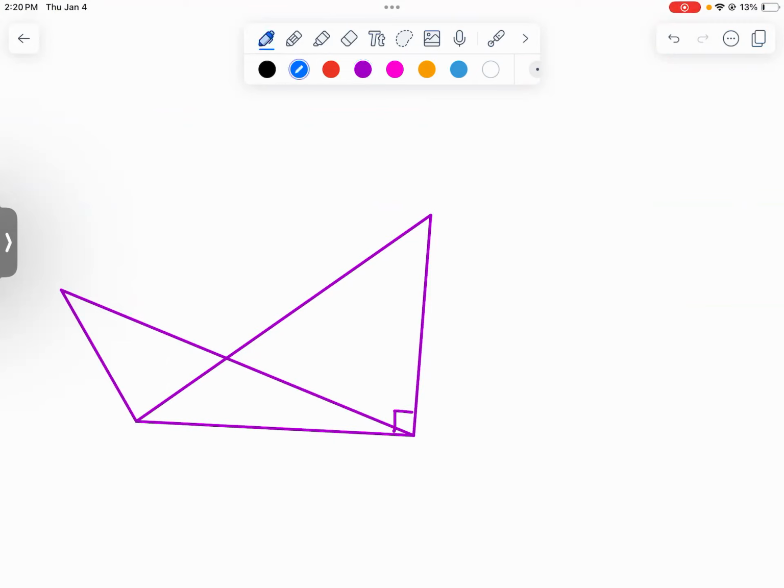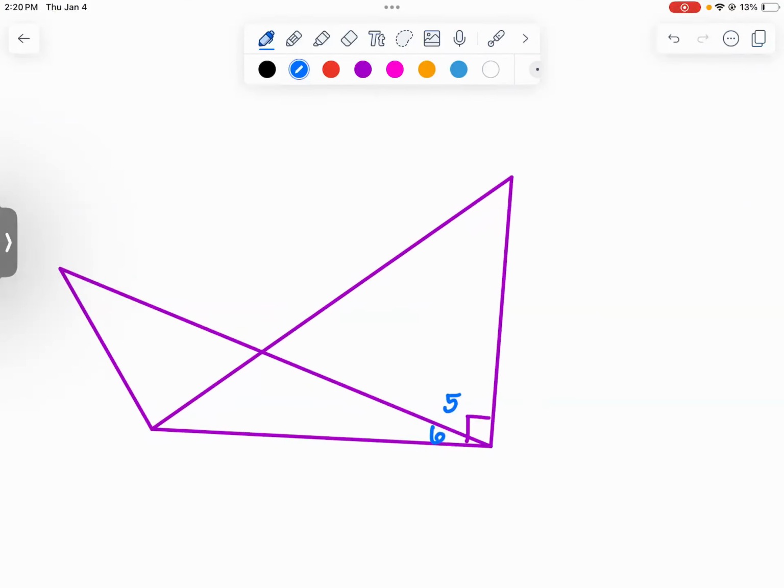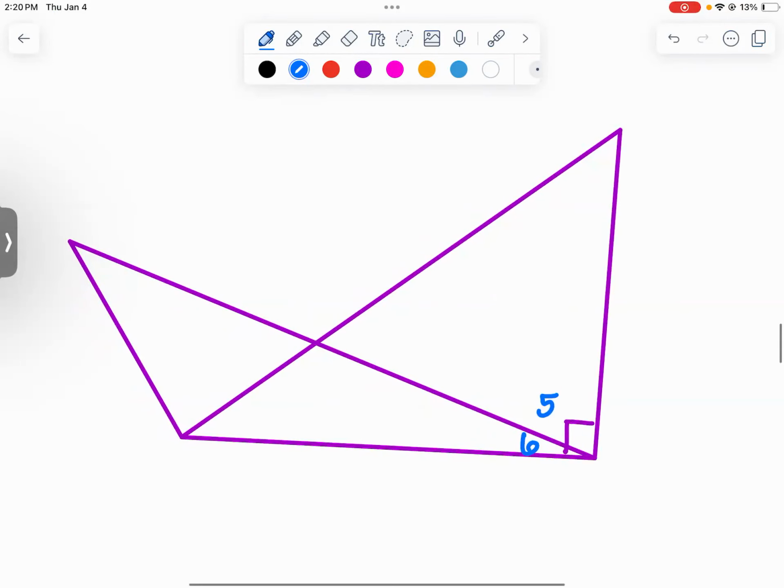Okay. What do we know about angles 5 and 6? Look up there at my drawing. What do we know about angles 5 and 6? They're part of 90. 5 and 6 should add up to equal 90. Okay, let me help you with this.